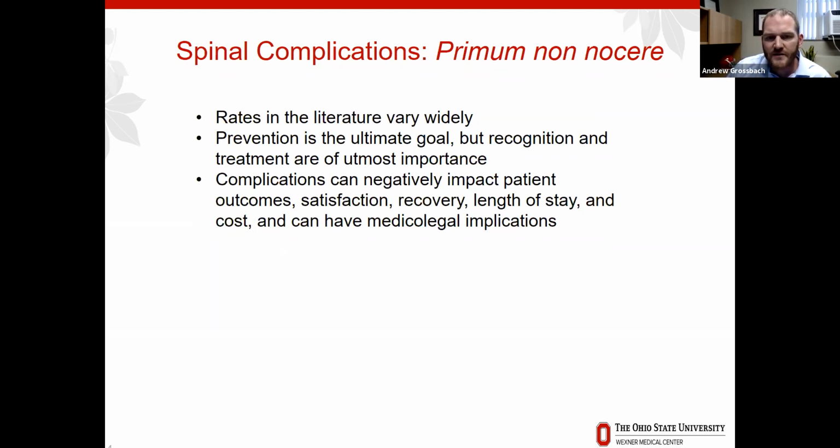And the retrospective reviews we know kind of undercount a lot of complications. So prospective papers are better and typically report higher levels of complications, just because the retrospective stuff tends to miss more. Prevention, of course, is the ultimate goal, but recognition and treatment are very, very important.